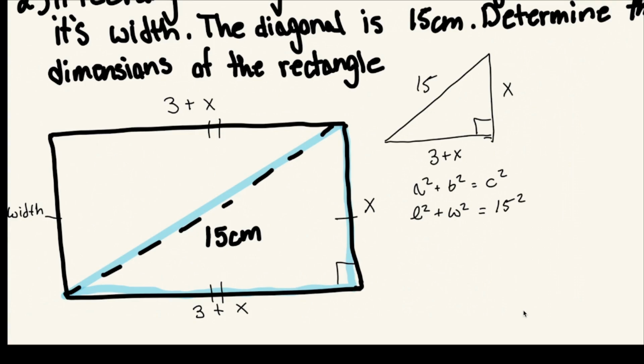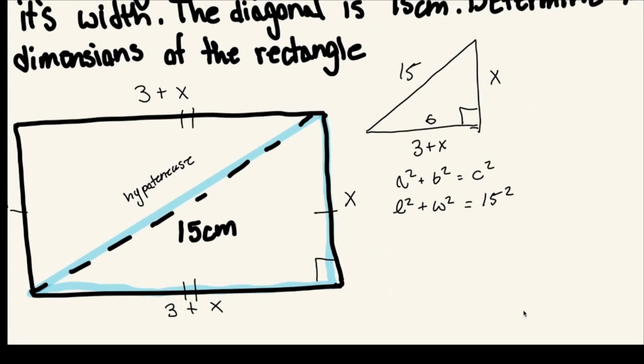Because if we were to label this triangle, it'd be a, b, c. But if we use the Pythagorean theorem, it's length squared plus width squared, so it'll be (3 plus x) squared plus x squared equals 15 squared.